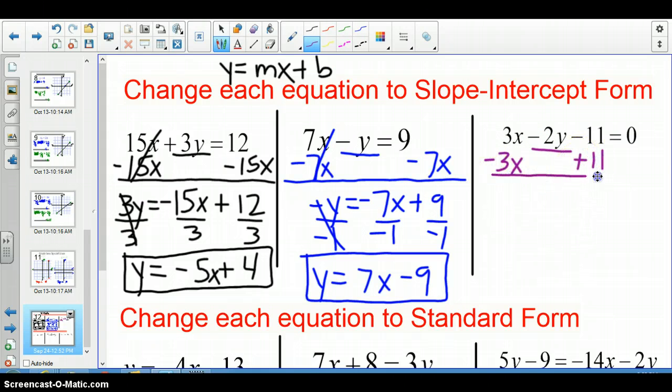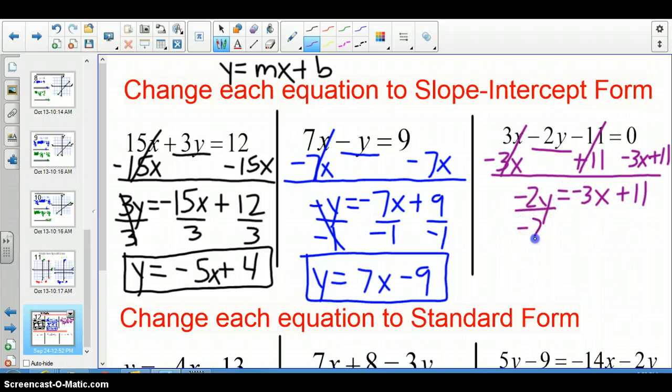You can move multiple things at once. So I'd have negative 2y equals negative 3x plus 11. Now divide each side by negative 2. So I have y equals 3 over 2x minus 11 over 2.